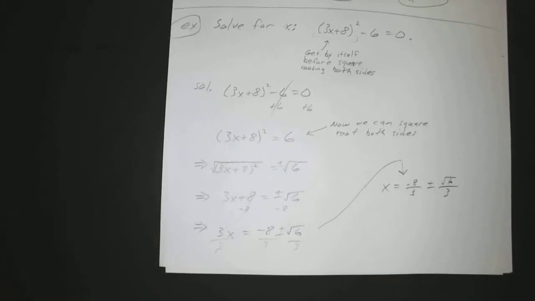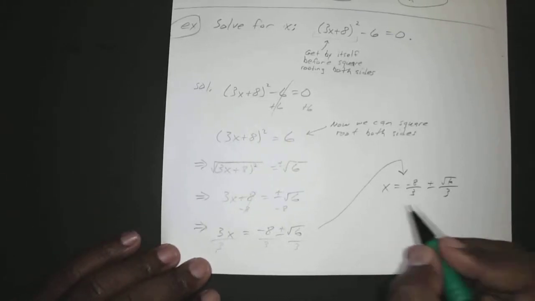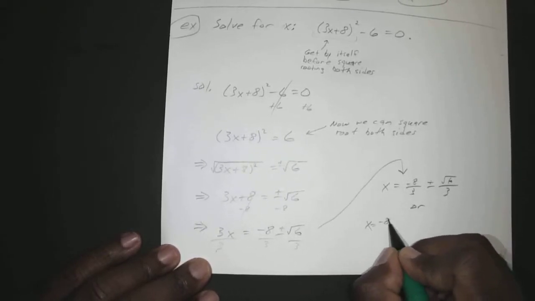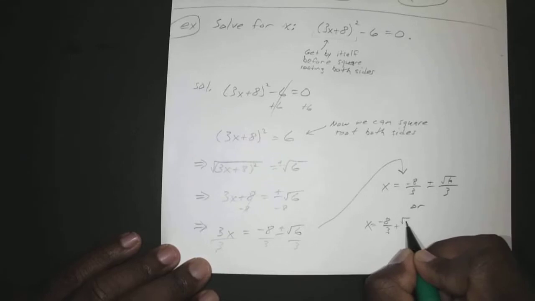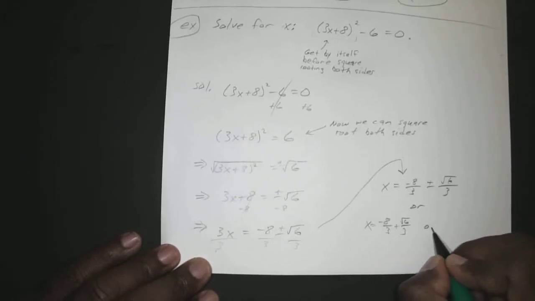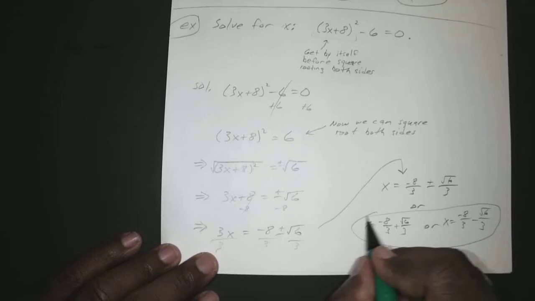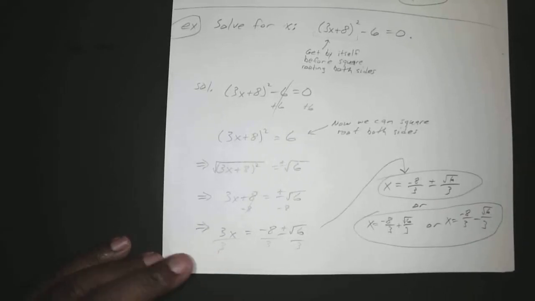Or if you want to separate it, you can have x equals negative 8 over 3 plus the square root of 6 over 3, or x equals negative 8 over 3 minus the square root of 6 over 3.